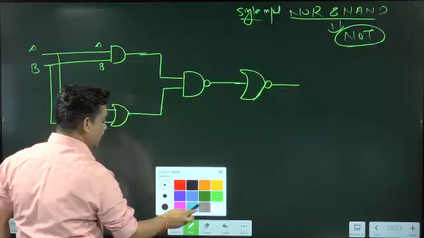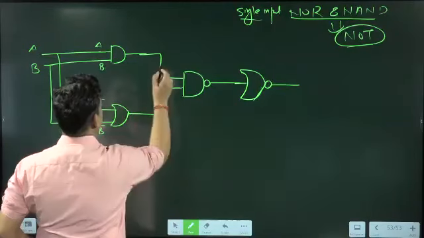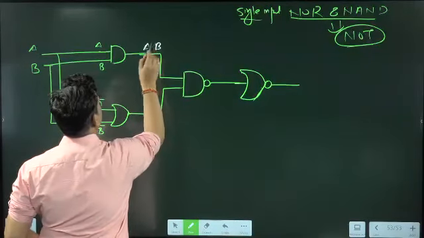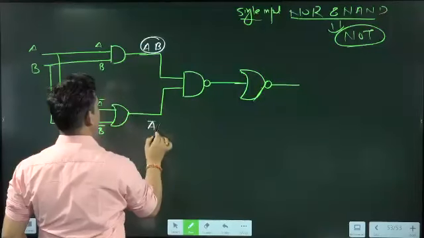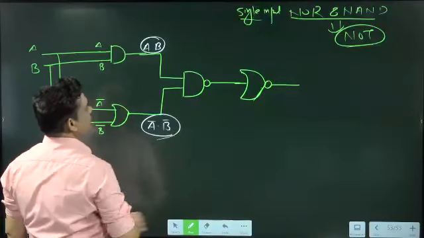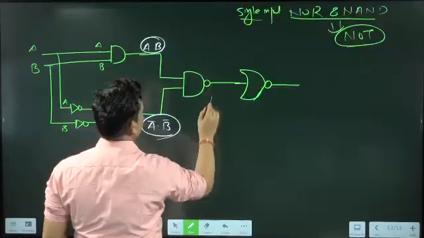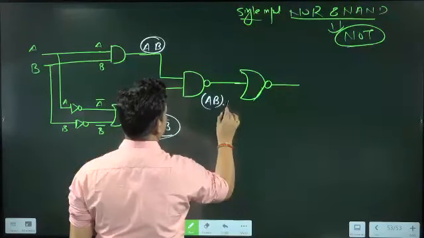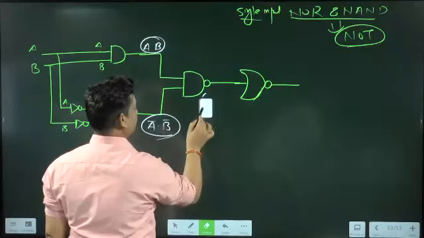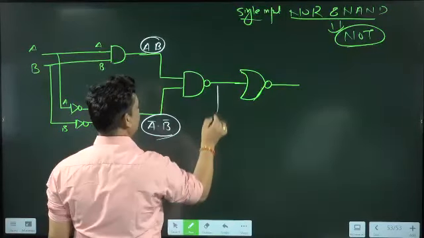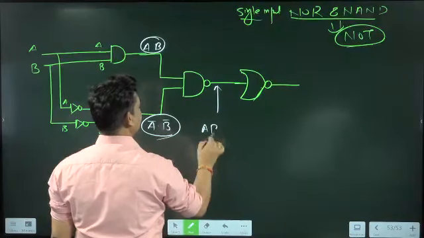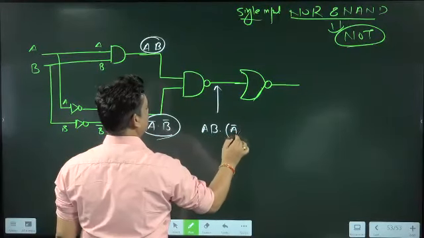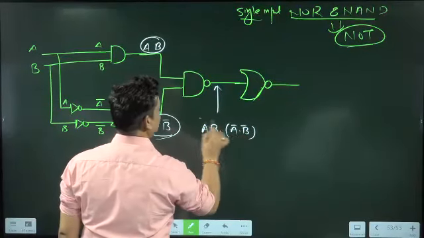Now we can say what we are having in this one. Here we are giving the product A dot B, and here we are getting A bar dot B bar. This is the product gate, so I can write the multiplication of AB into A bar B bar, and then the big bar.